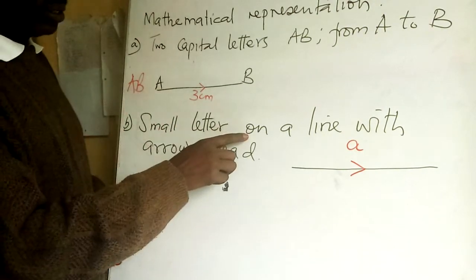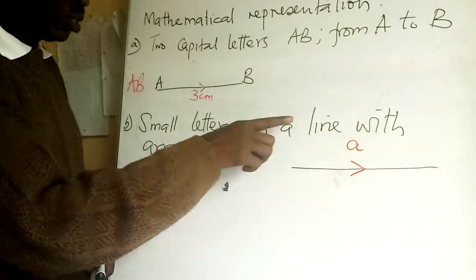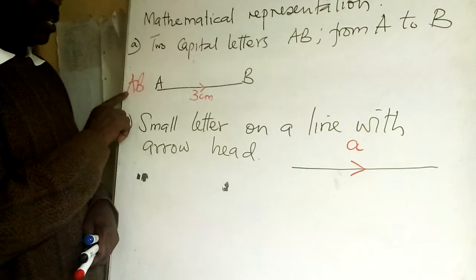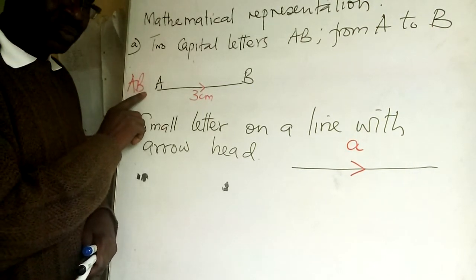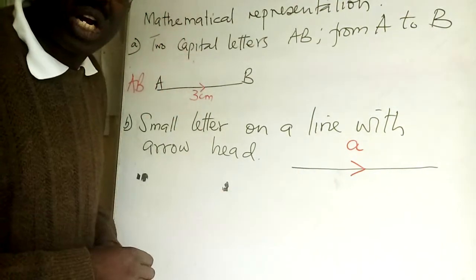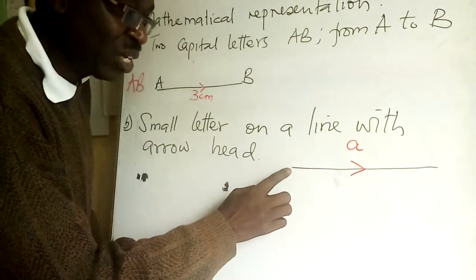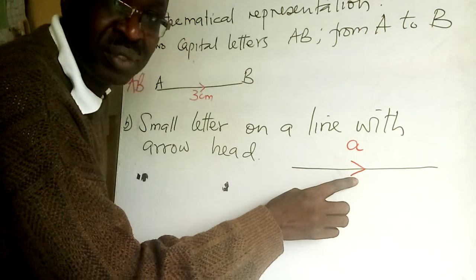A small letter on a line can also represent a vector. So a vector can be represented by 2 capital letters. The other way is a small letter a. But look at that, now I don't have capital letters, I have a direction.